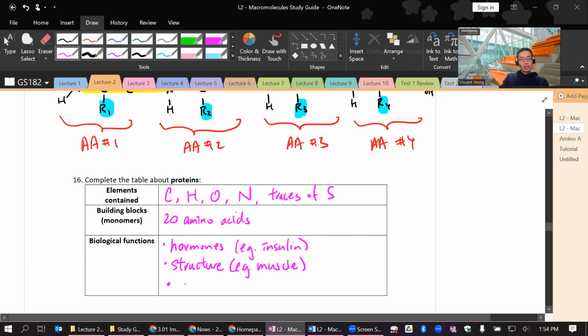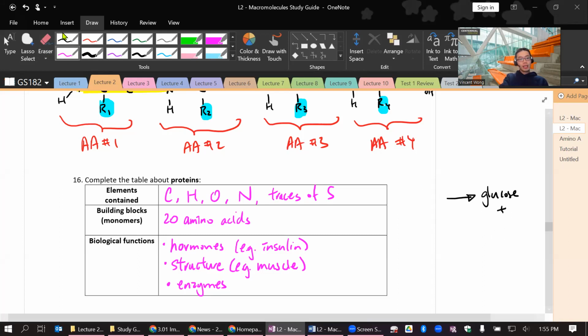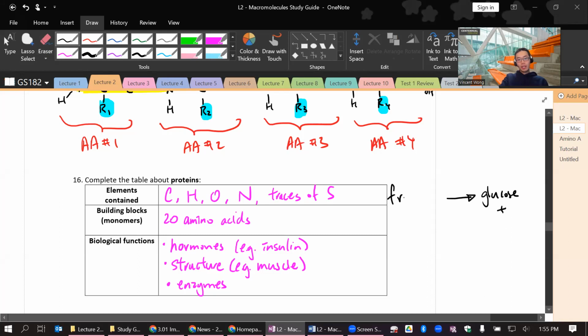We also use proteins as enzymes. For example, if we have sucrose and want to break it down into glucose plus fructose, we are going to need an enzyme that does that in our body. Actually, instead of sucrose, it's probably easier to use something you can relate to: lactose.